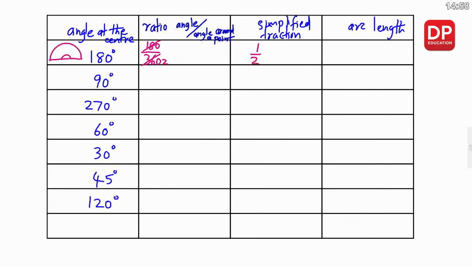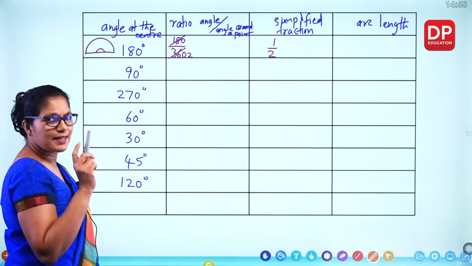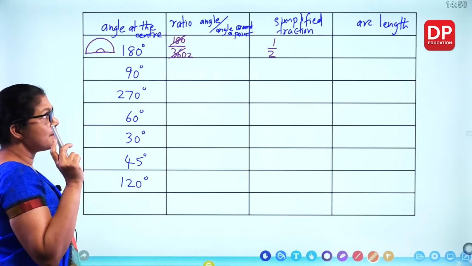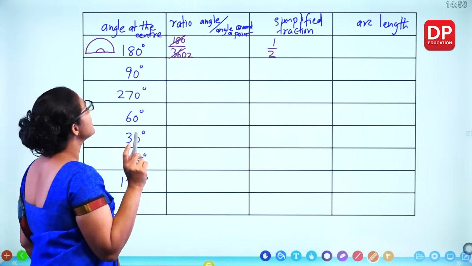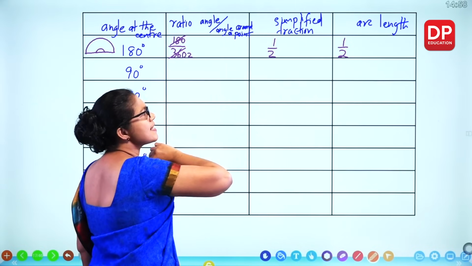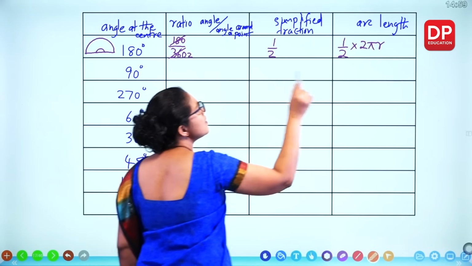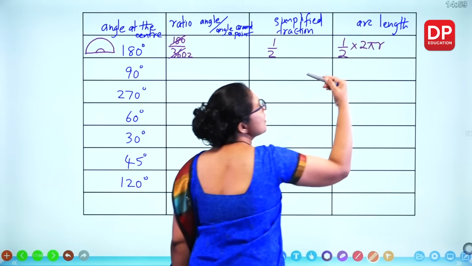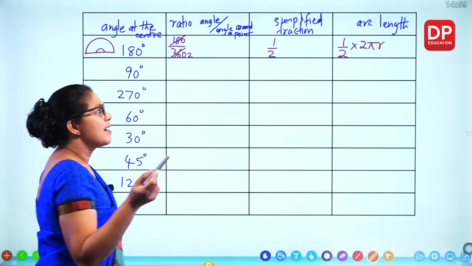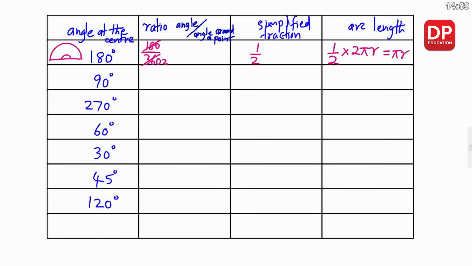So you can write half as the simplified fraction. So what's the arc length? Using the previous formula, half is the fraction that you are getting, angle divided by 360 into 2 pi r. So when you do that, you can simplify this and write pi r, because half and 2 get cancelled out.